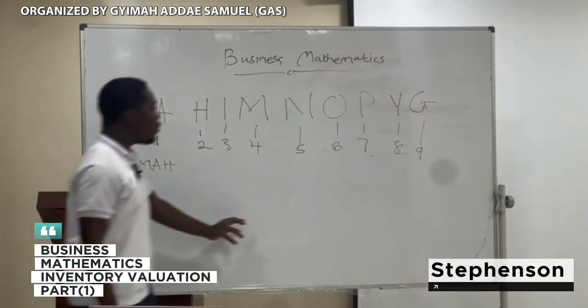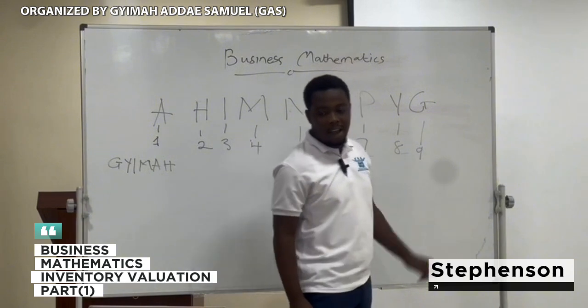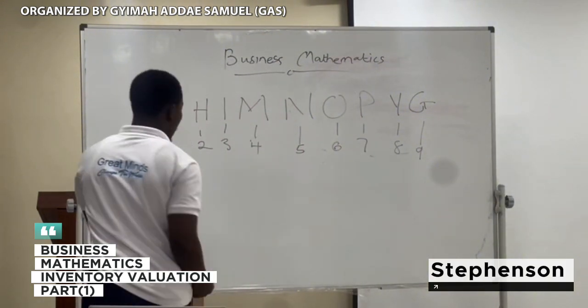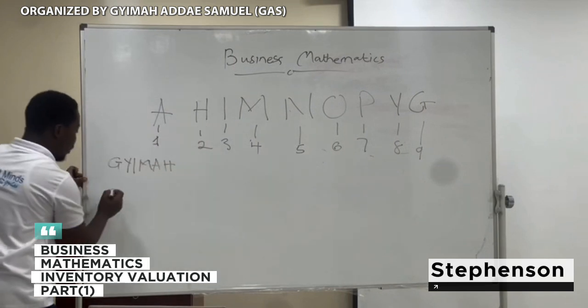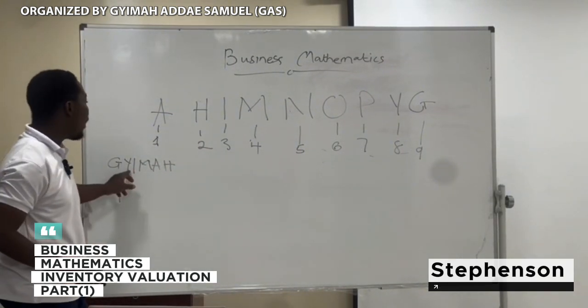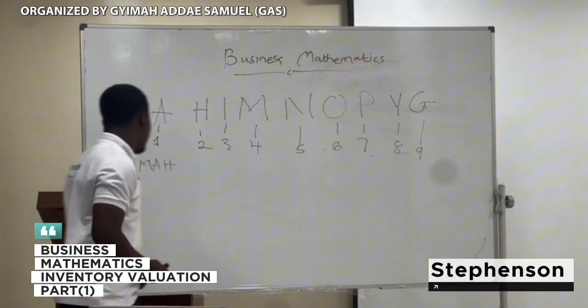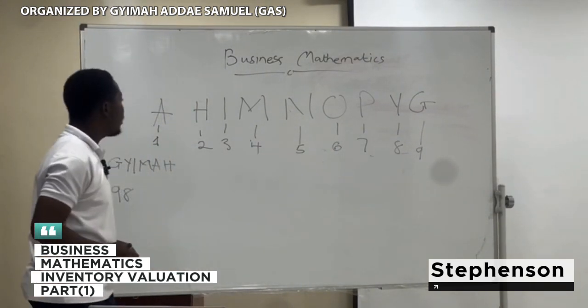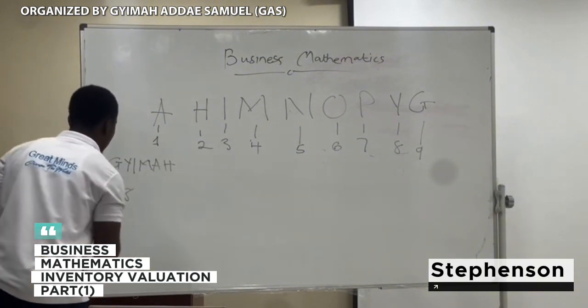We know that G maps to 9. Then we write our 9. What's next? Y maps to 8. Then I maps to 3.